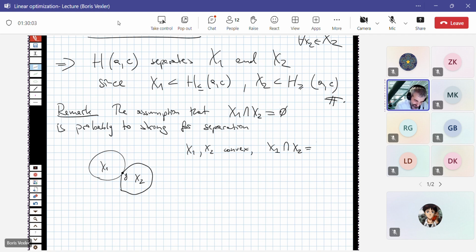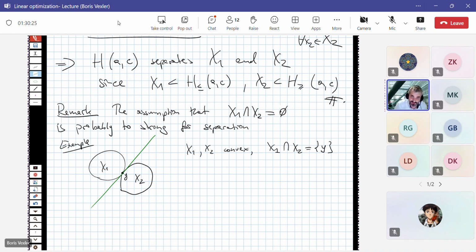The intersection is one point. This is an example. And you can imagine that there is here a separation plane. It separates, by our definition, with less or equal or larger or equal, x1 and x2.